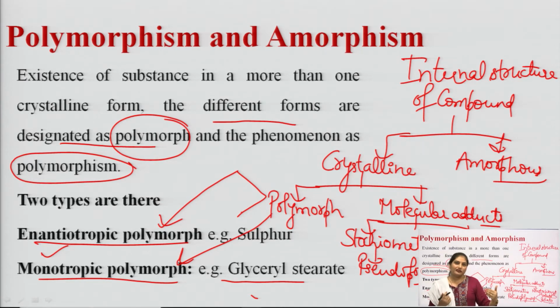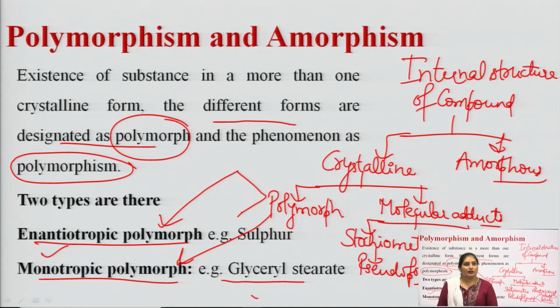Okay. The amorphous form will show more dissolution as compared to the metastable one, and the metastable is showing more dissolution as compared to the stable one. And because of this, metastable polymorphs are preferred in formulation.